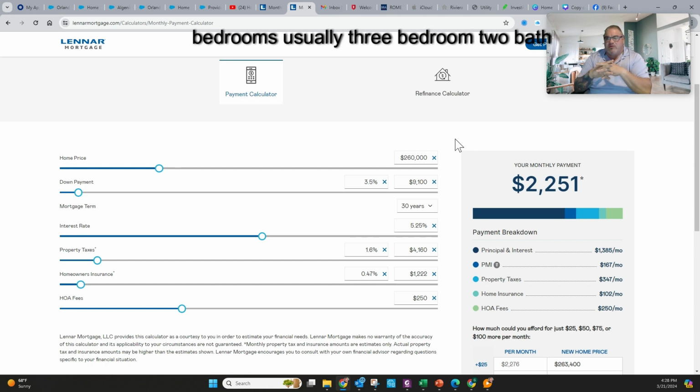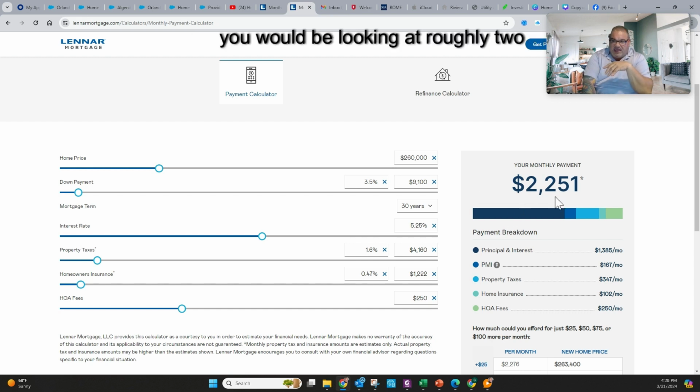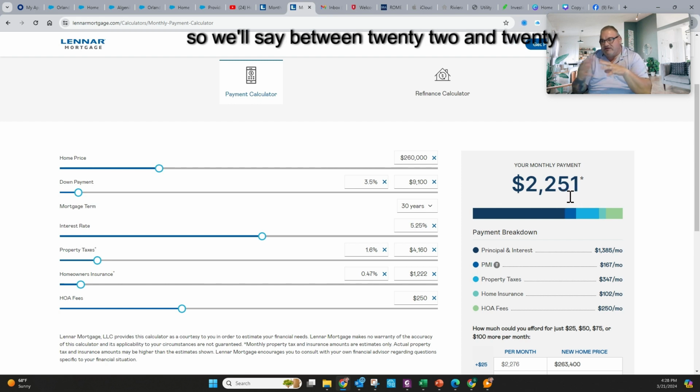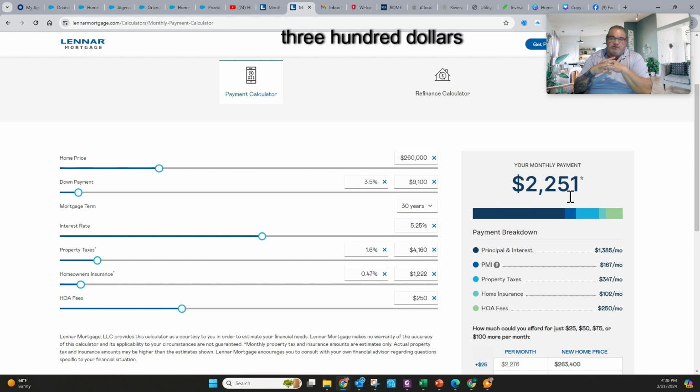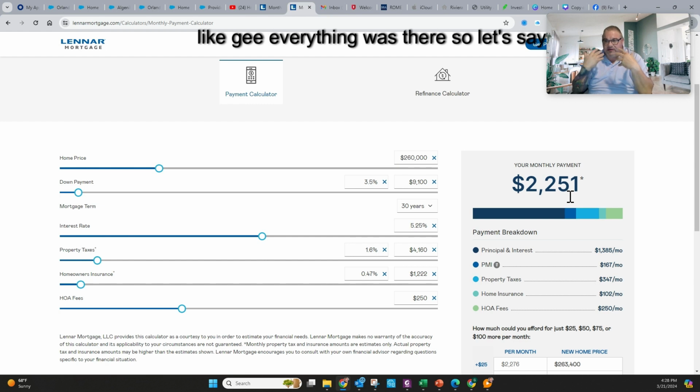They're all usually 3-bedroom, 2-bath with a 2-car garage. And even at a very low price in this market at $260,000, you would be looking at roughly $2,251. So we'll say between $2,200 and $2,300. So that's really, really good to know.